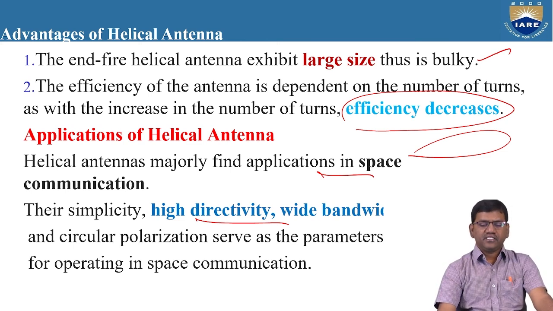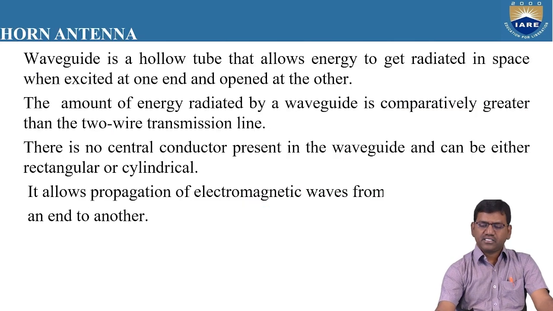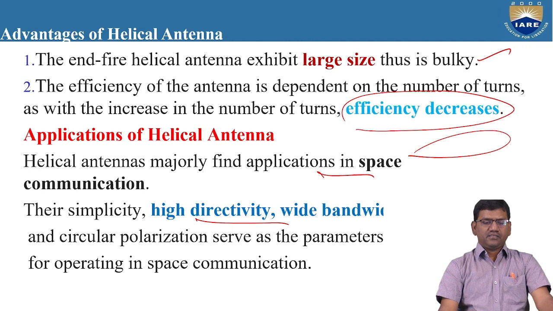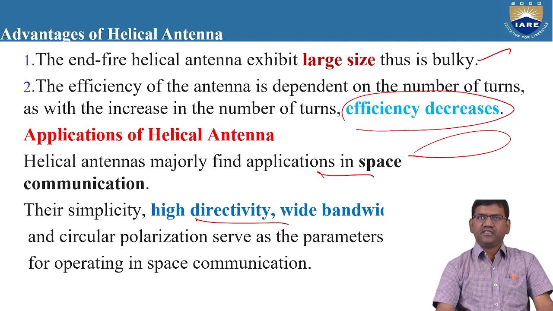Right? The helical antenna majorly finds applications in space communications, because of its high directivity, its wide bandwidth, and the circularly polarized waves. So these are the basic advantages, disadvantages, and applications of the helical antenna.